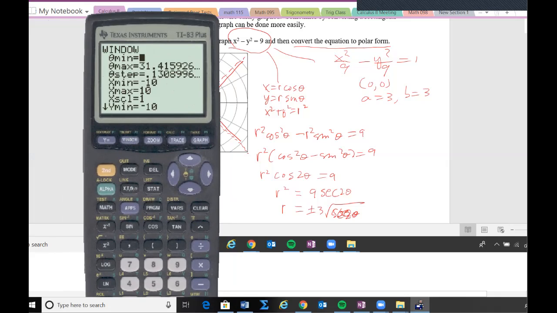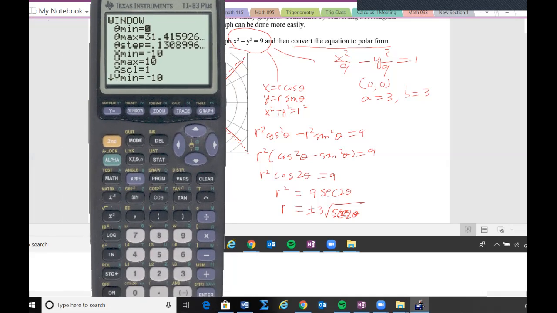I guess I might have been able to do half and half and see most of it if I had gone from, say I used 10, so maybe I'll make this minus 5 pi and this 5 pi.